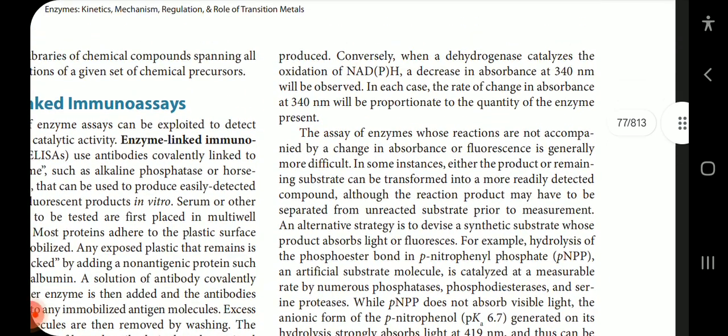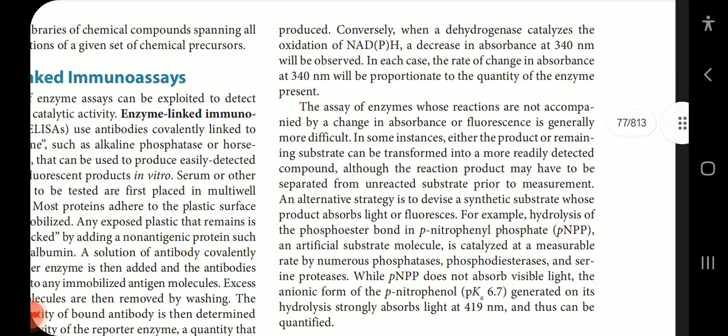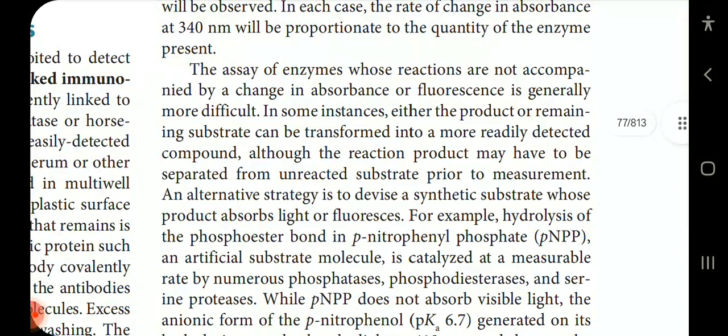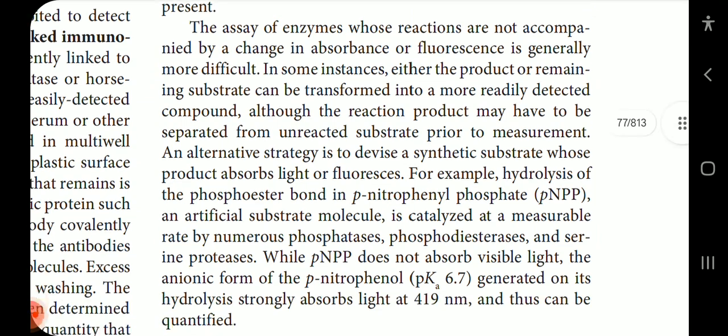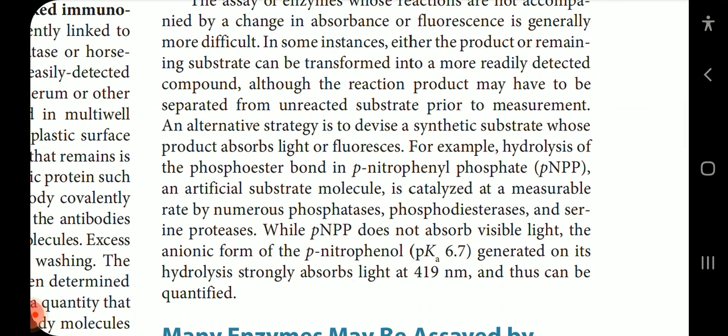Conversely, when a dehydrogenase catalyzes the oxidation of NADPH, a decrease in absorbance at 340 nm will be observed. In each case, the rate of change in absorbance at 340 nm will be proportionate to the quantity of the enzyme present. The assay of enzymes whose reactions are not accompanied by a change in absorbance or fluorescence is generally more difficult. In some instances, either the product or remaining substrate can be transformed into a more readily detected compound.